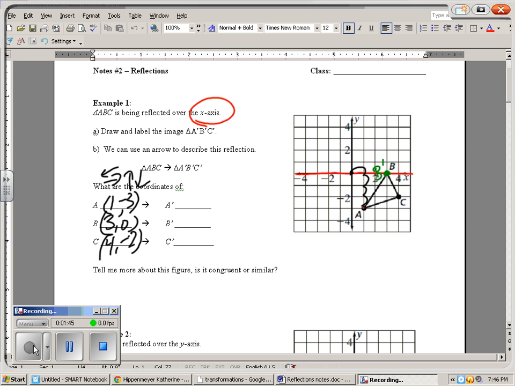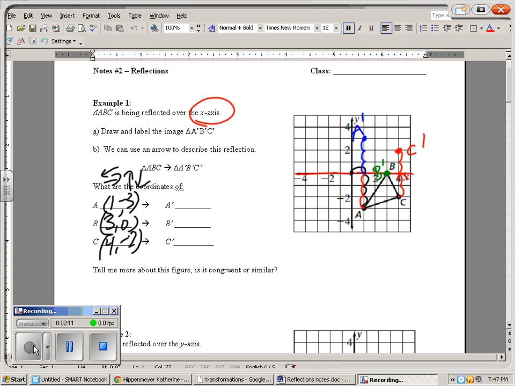Then I'm going to move A. A is 1, 2, 3 from the x-axis, so I'm going to go upwards 1, 2, 3 from the x-axis, and I'm going to mark A prime. And then finally C prime. C is 2 units from the x-axis, so I'm going to go upwards, 1, 2, and I'm going to label that C prime.